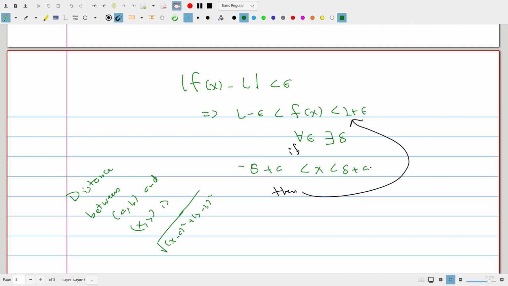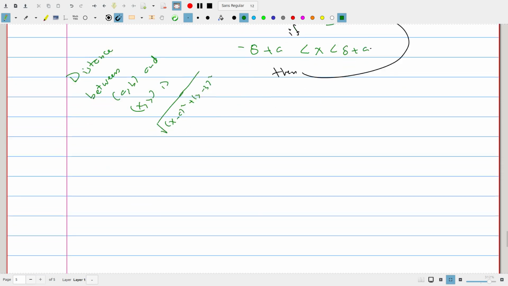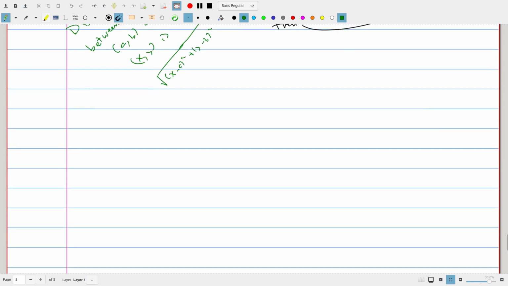So if you have a point, that point may or may not be within the domain of the function, right? The point where you're trying to find the limit at may or may not be within the domain of the function.